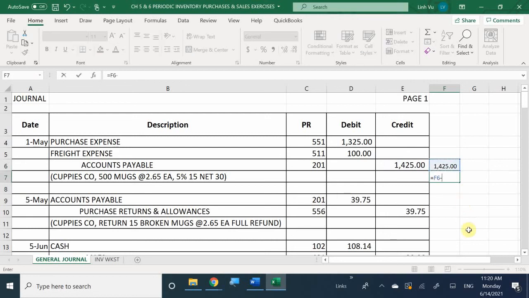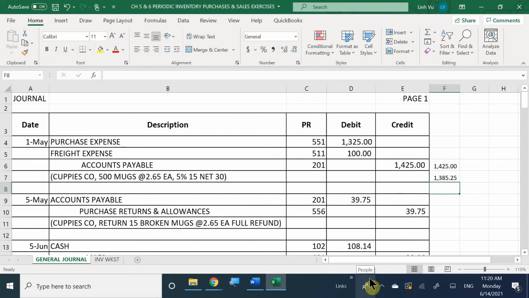So in this case, I owe for bill number 1 a total of $13.85.25, because that's my original purchase minus my returns of the 15 mugs. So that's for bill number 1, $13.85.25.